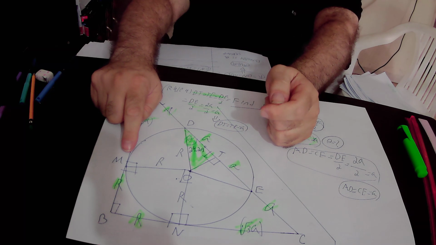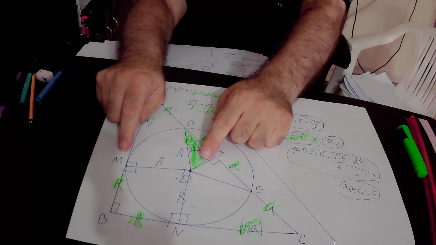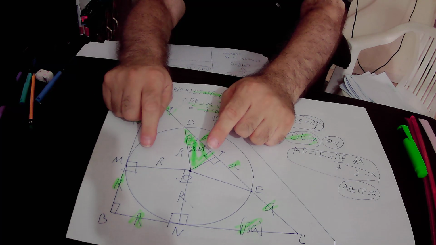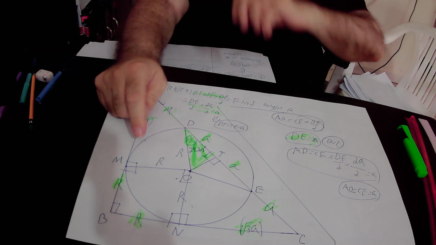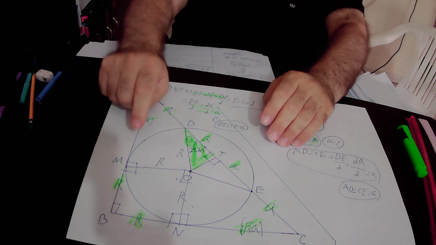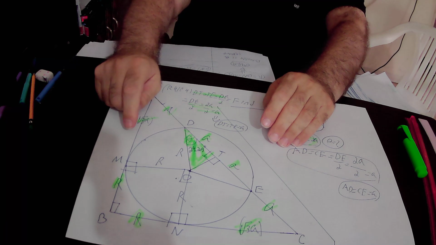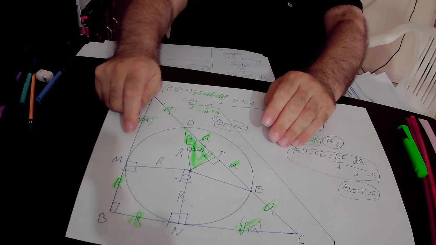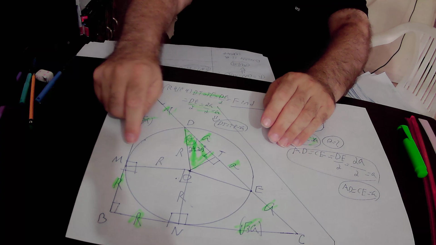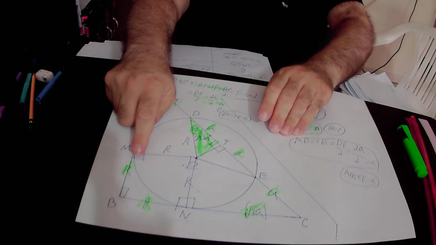This is exactly the definition of a radius, so OM is the radius of this circle, equal to R. The radius OM is drawn to the point of tangency. Therefore, according to rule number 1, the tangent to a circle is perpendicular to the radius drawn to its point of tangency, so this angle equals 90 degrees.